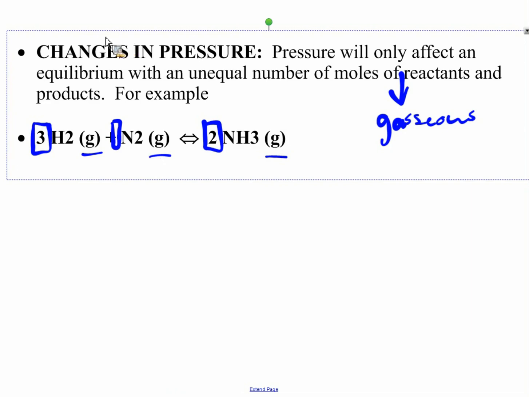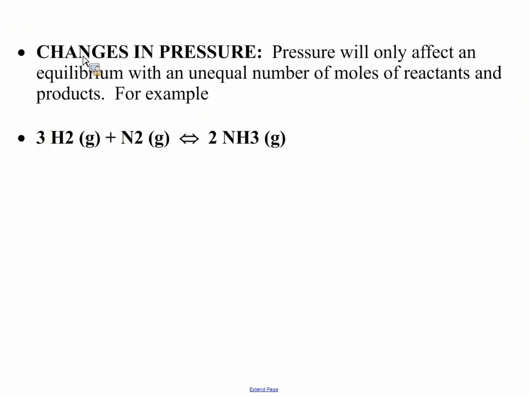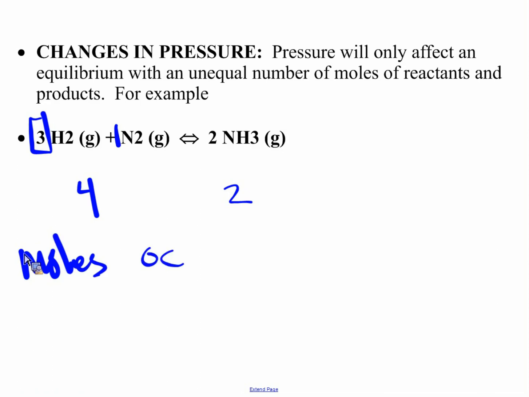So this is our classic friend, the Haber process. It certainly has an unequal number of moles. There's a 1 here, so 4 moles and 2 moles. In order for you to understand this, you need to know that moles occupy space.